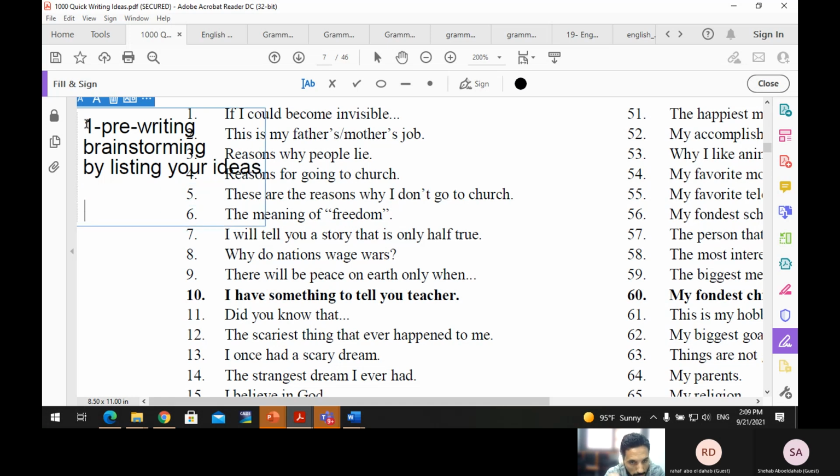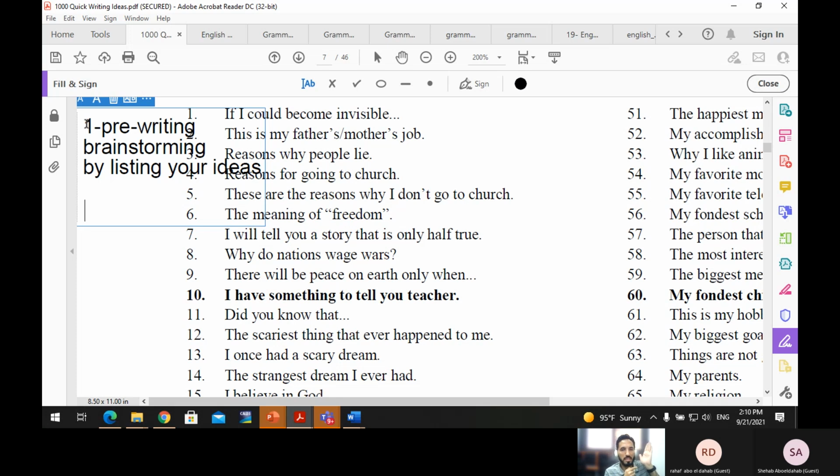You can mind map your ideas. Write the topic in the middle, like my grandfather, and draw some branches. For example, number 1 his physical appearance, number 2 his personality traits صفاته الشخصية, number 3 his likes and dislikes, number 4 keywords. بكتب keywords.